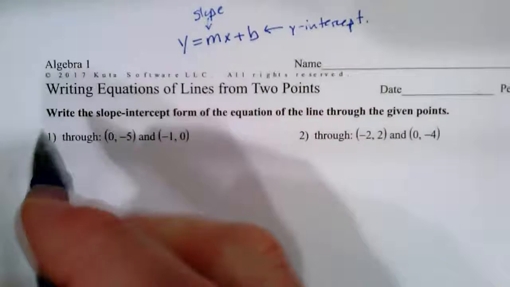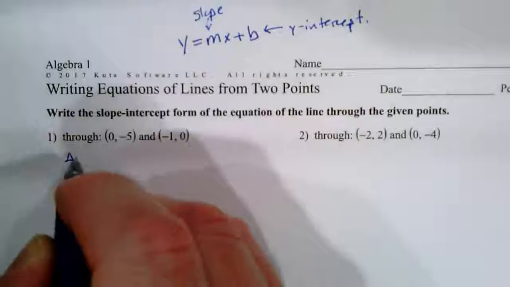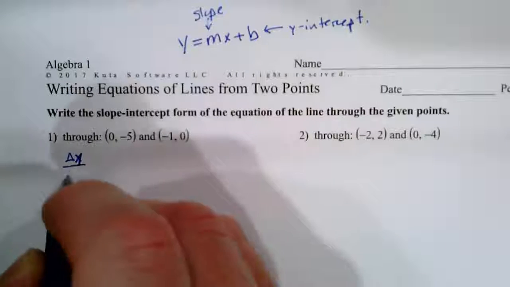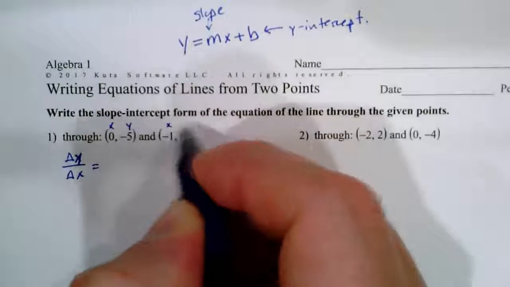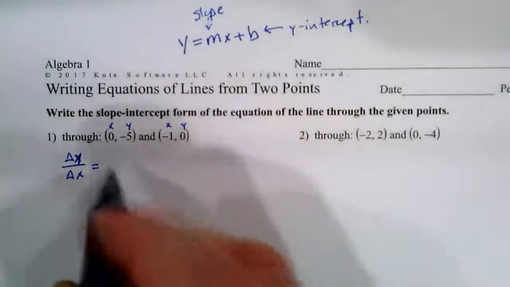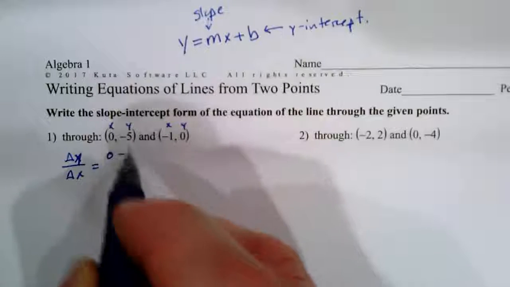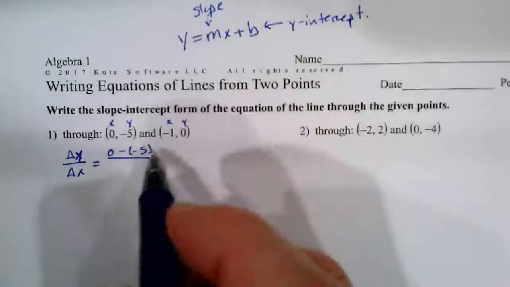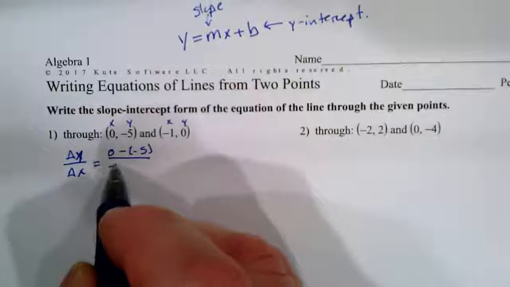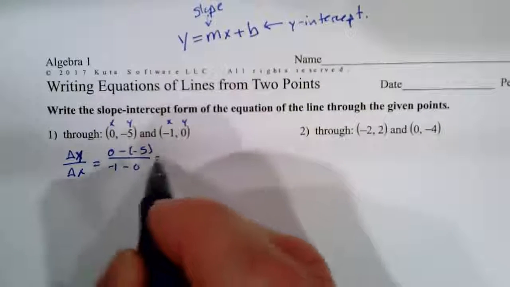Well, first, on any of these, we're just going to go ahead and find the slope. So our slope is change in y over change in x. Our change in y is our ending y, 0, minus our beginning y, which is negative 5. Our change in x is our ending x, negative 1, minus our beginning x, which is 0.